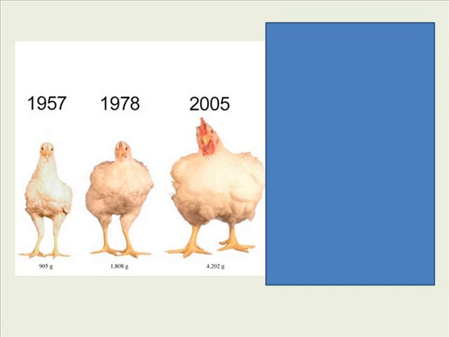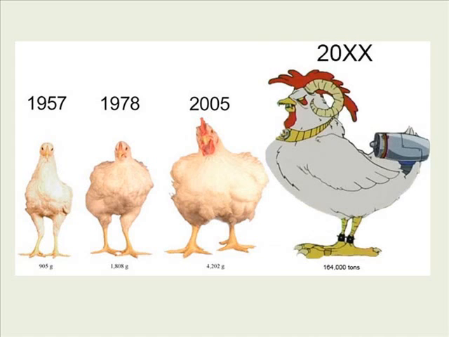And then we continued to selectively breed, picking the largest chickens to breed together so they would have larger chicken babies. And by 2005, you can see that the average chicken was much, much larger than what it originally was in 1957. Now, we continue to do this, and you never know what the results will be.